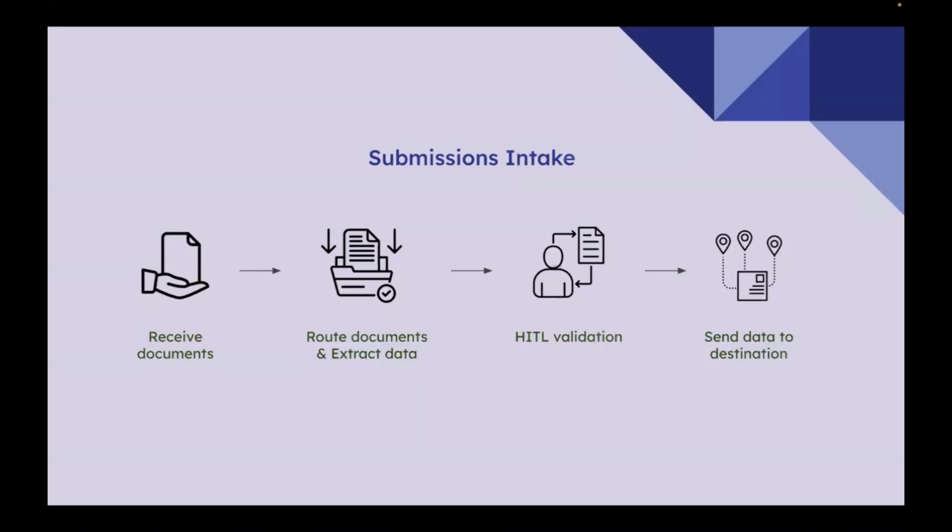So after data extraction, you might deploy a human screening stage where a person reviews the extracted data, making any changes if necessary. Once these changes are completed, you would send this data for downstream operations. This could be sending it to another application, a database, or a data warehouse.